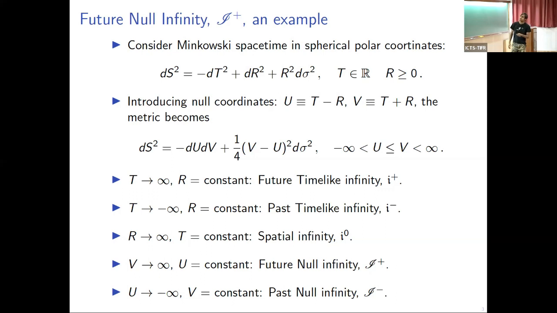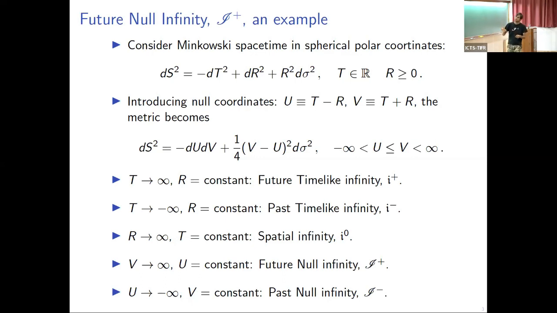Since the time coordinate can take any real value and big R is positive semi-definite, my u and v coordinates take values from minus infinity to plus infinity, and as the definition suggests, v is always greater than or equal to u.